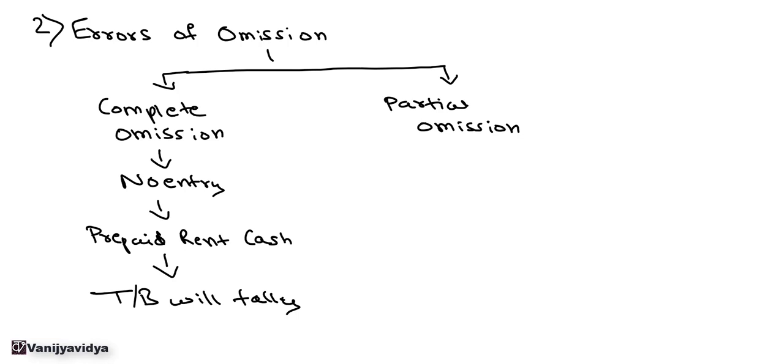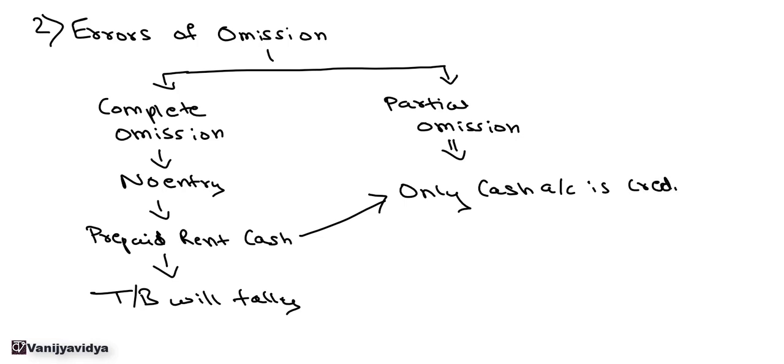Now partial omission. Partial omission is where only a partial entry is passed. So let's say in the same example, prepaid rent which is paid in cash, only cash account is credited, that is, the entry is passed in your cash book, but no entry in the prepaid expense account or prepaid rent account.